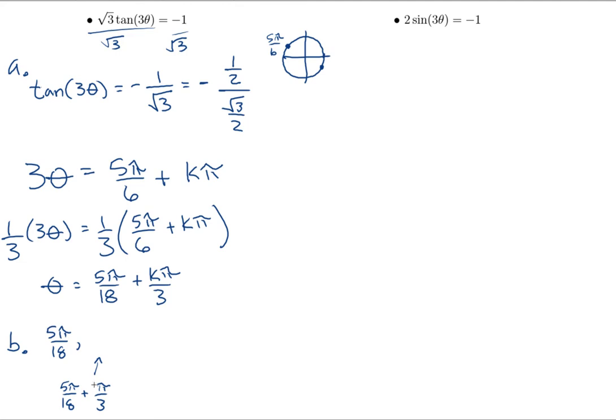Okay, but that's going to be 6 pi over 18, so that's 11 pi over 18. And then we try the next one, 2 pi over 3. So that's going to be 12 pi over 18 plus the 5 pi over 18, which is 17 pi over 18.